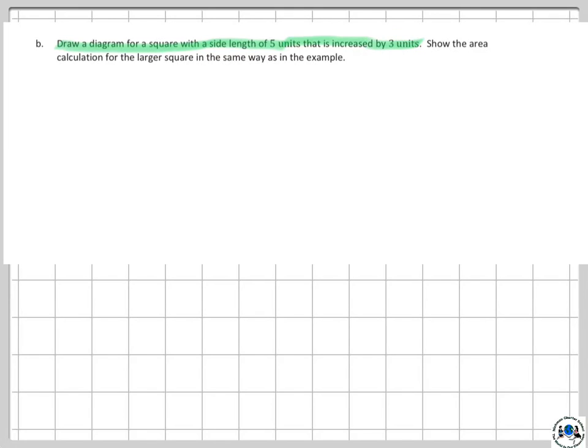So 5 by 5 increased by 3 units in both length and width, and then show the area calculations for the larger square in the same way as in the example. We're going to do it the same way that we've been doing it. Go ahead and give that a whirl.